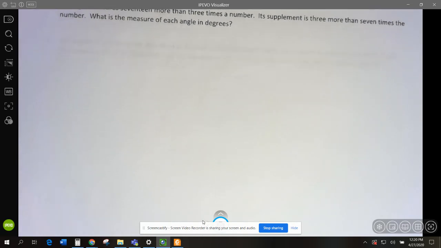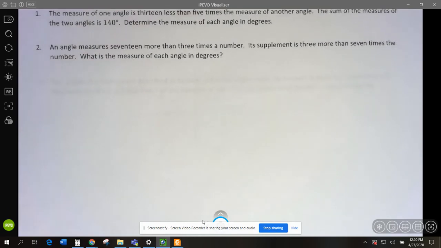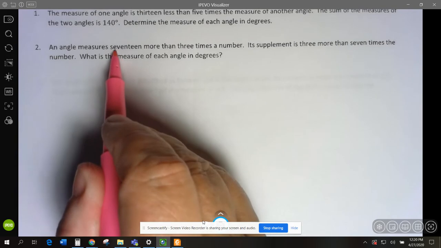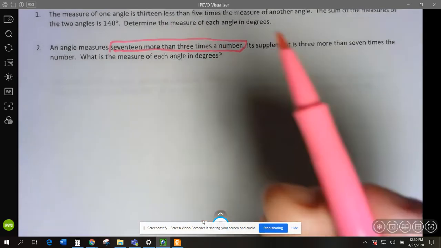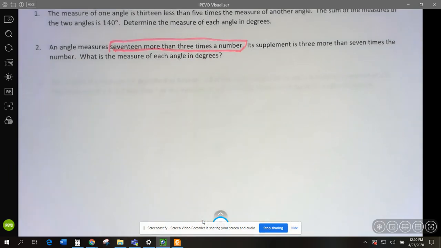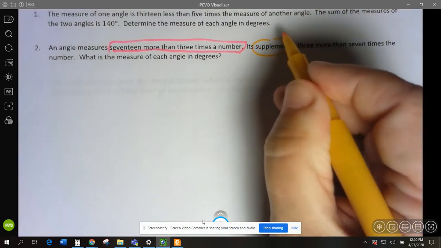An angle measures 17 more than 3 times a number. Its supplement. Ooh, what does supplement mean?